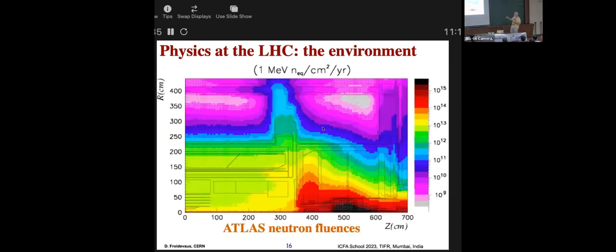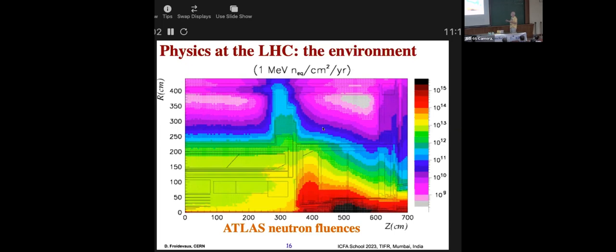Here is an example from many years ago of the neutron fluences expected in ATLAS. There are some units used here, per square centimeter per year, typically, to give you an idea. 1 MeV neutron equivalent. This is because one has to also look at doses from other ionizing radiation and transform it for silicon detector survival into a unique number.